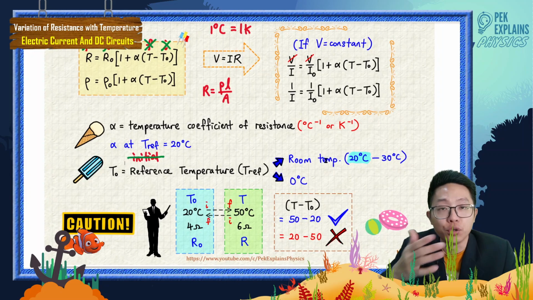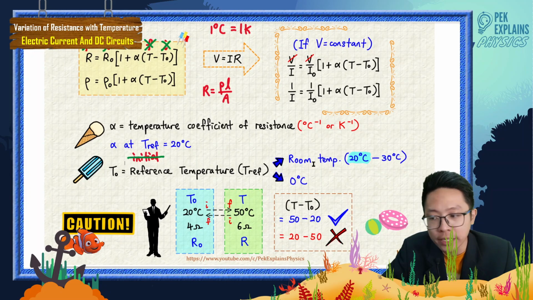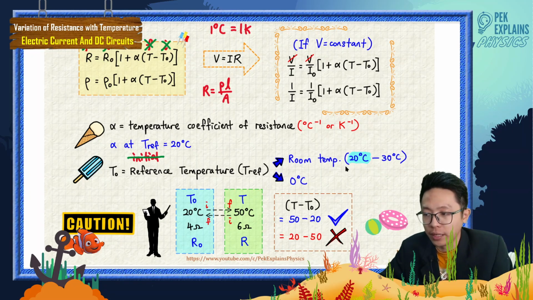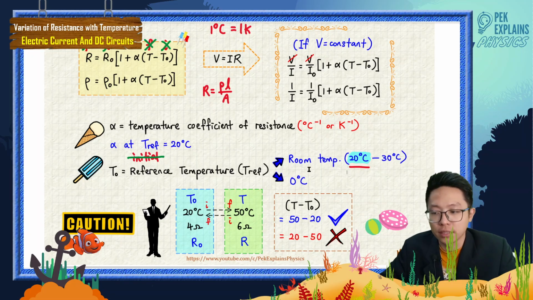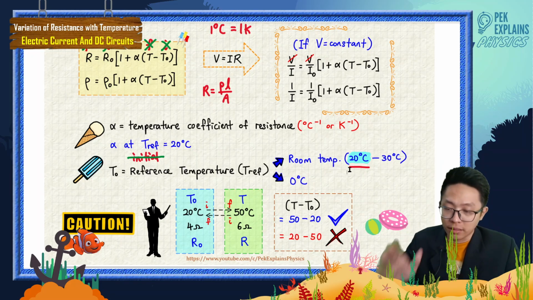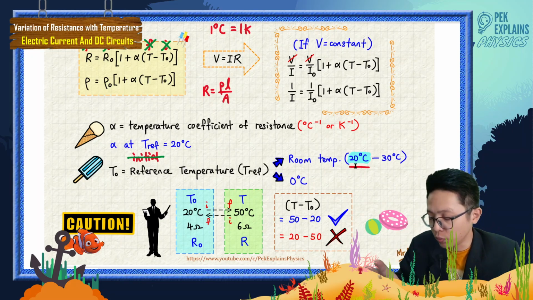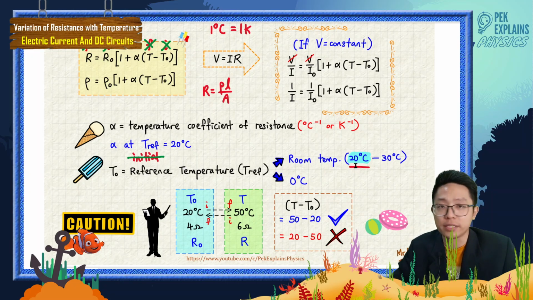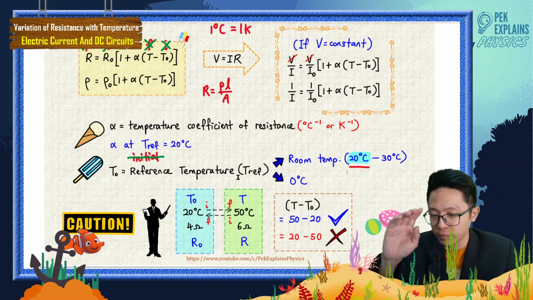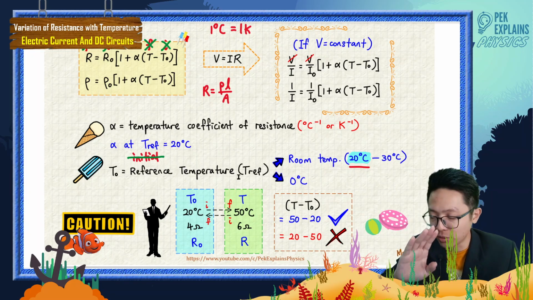It can be room temperature. Normally the reference temperature is 20 degrees Celsius. This is the most common one. As soon as we look at the questions, if the question mentions 20 degrees Celsius, that must be the reference temperature without any more thinking.